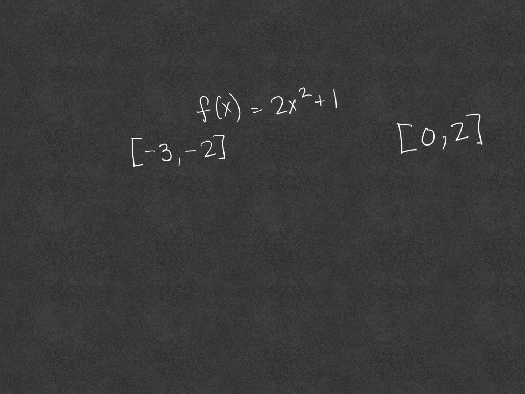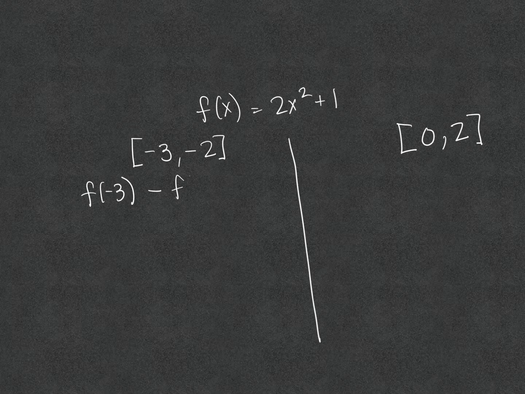So two different examples. So the rate of change here, if I put in f of -3 minus f of -2 all over -3 minus -2.